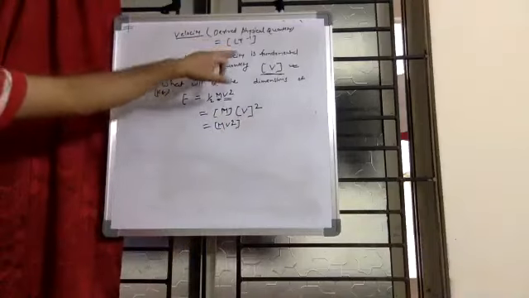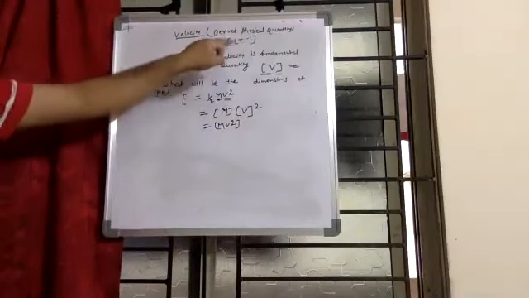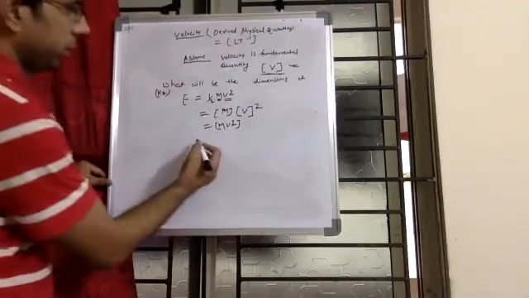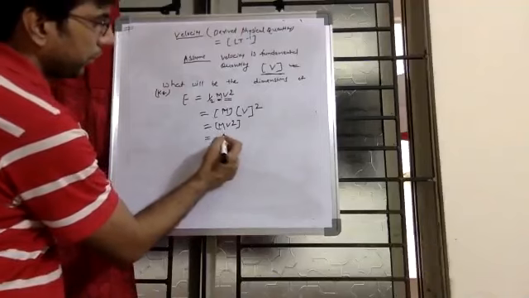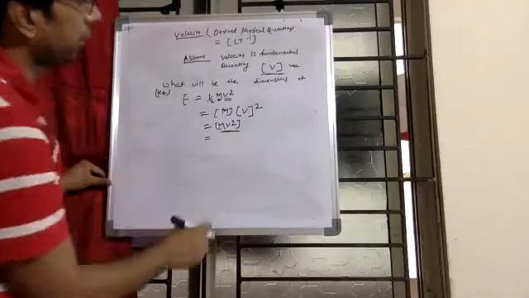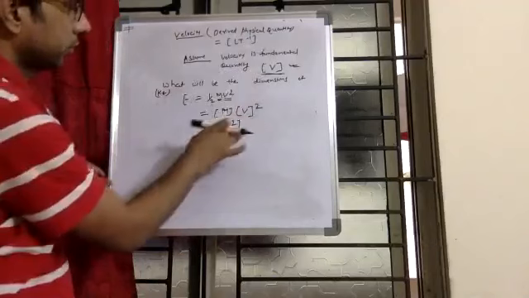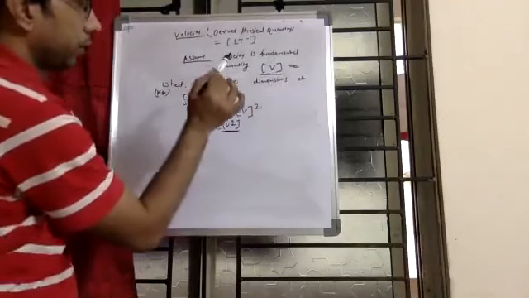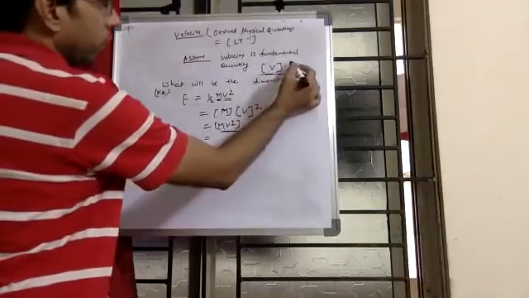It won't be M L square T minus 2. So in this case, they will give the options like Mv square or some other things. But we have to be very careful about what they are assuming.